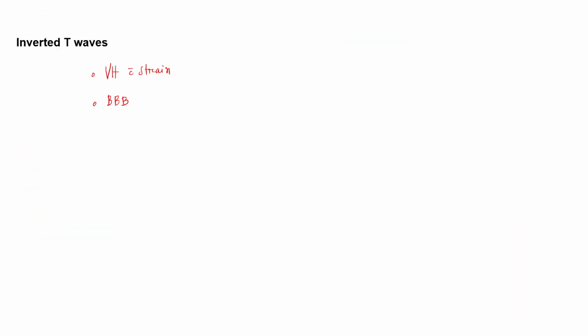Apart from that, inverted T can be seen in children, you can say neonates. It can be seen as a persistent juvenile pattern. Of course, these are all benign conditions. You can get inverted T waves in NSTEMI. Even in MI, like old MI cases, you may get inverted T. Apart from that, you can get it in hypokalemia, of course.